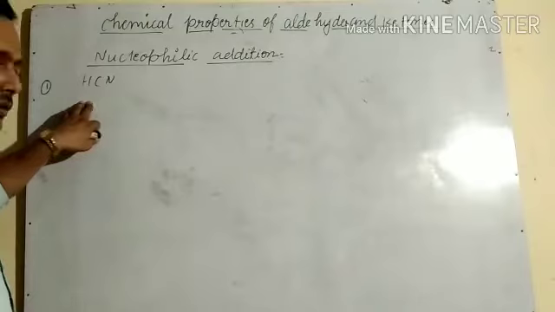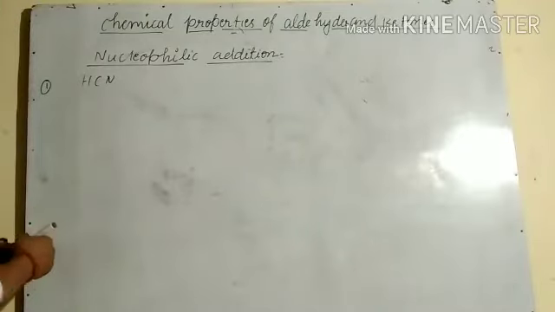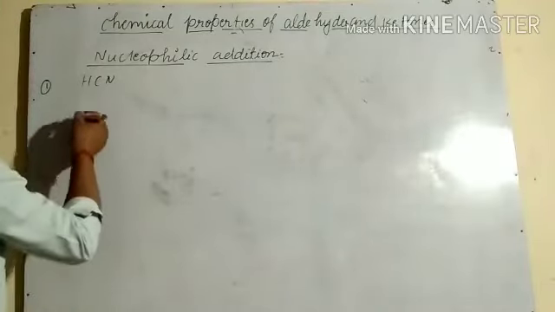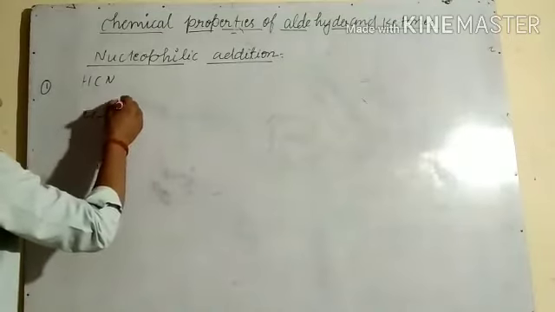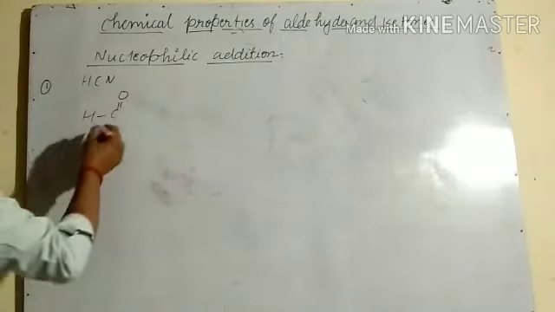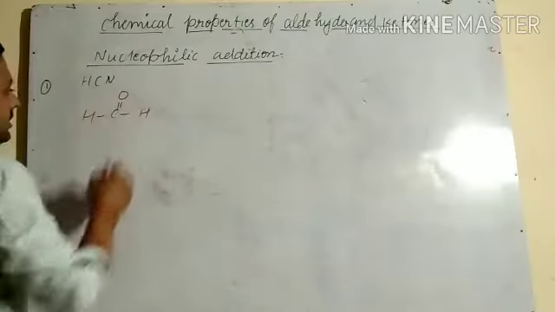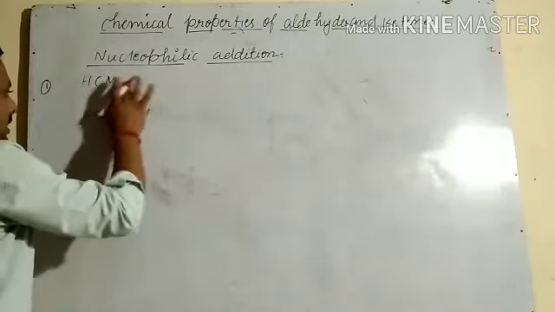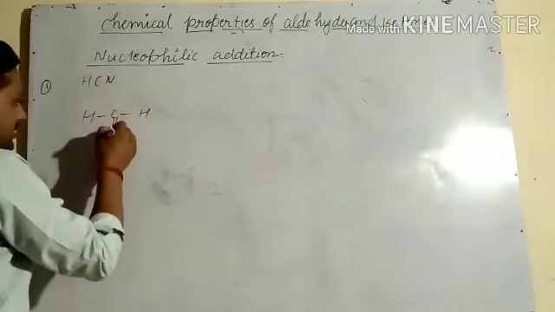So let us see how the addition takes place. Here we have to see the carbonyl carbon, just the carbonyl carbon. So for better understanding, I will write it like this.